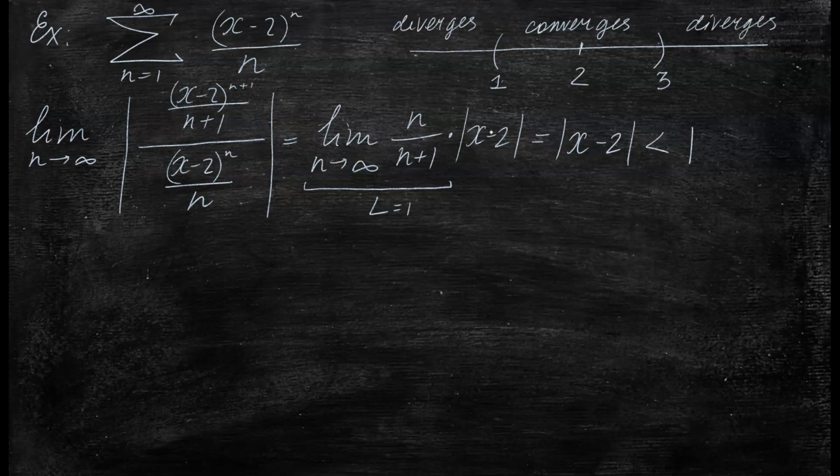What we don't know yet is what's going on at 1 and 3, because the test is inconclusive at those points. So what we're going to do is manually check what the series does when x equals 1 and when x equals 3. So we're going to take the original series and replace x with 1. And we're going to replace it with 3.